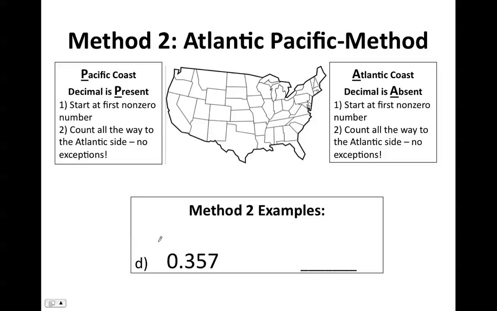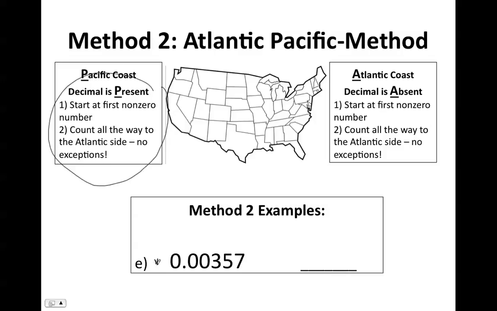Same thing here, I have a decimal point present, so I'm going to start counting on the Pacific side, which is on the left. I'm going to go to my first 1 through 9 number, my first non-zero number, which is my 3, and then count everything to the right. So this number just has 3 sig figs. And then finally, again, I have a decimal point present, so I'm going to start on the Pacific Coast.